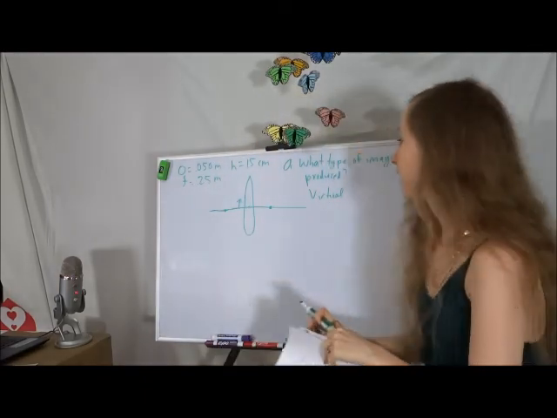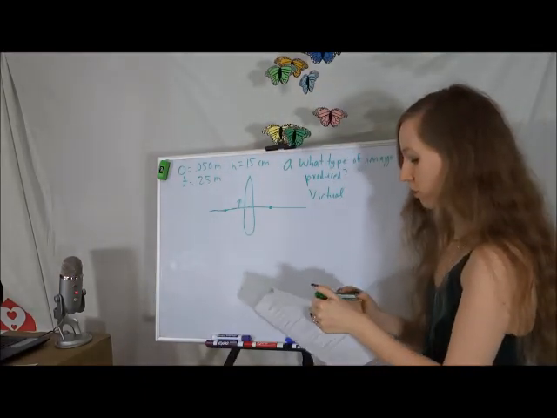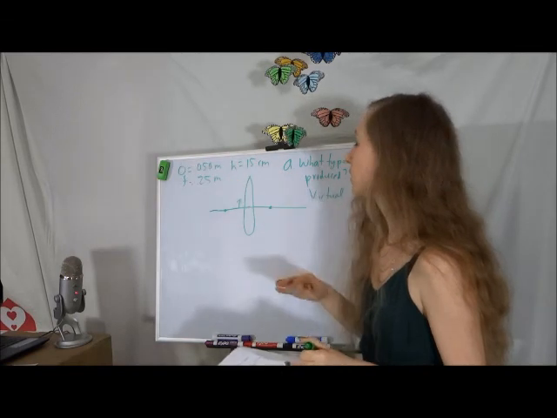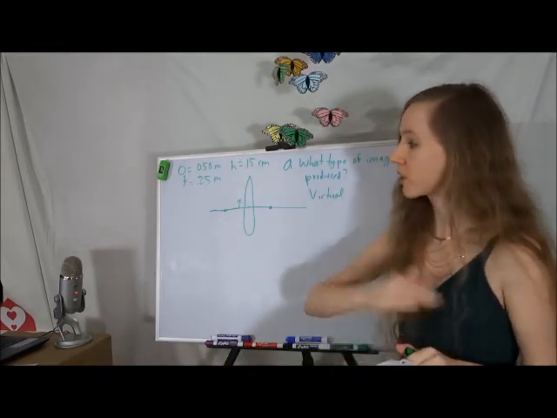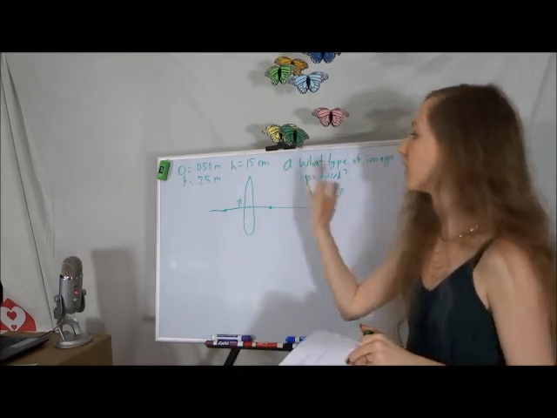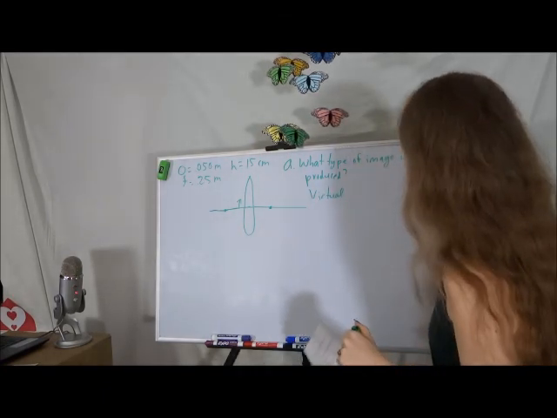Now, finding the new height is a little bit tricky, because we know what O is, but we don't have I, so going straight to the magnification equation isn't going to work. So we're going to have to use the thin lens equation first, and then we'll be able to use the magnification equation.